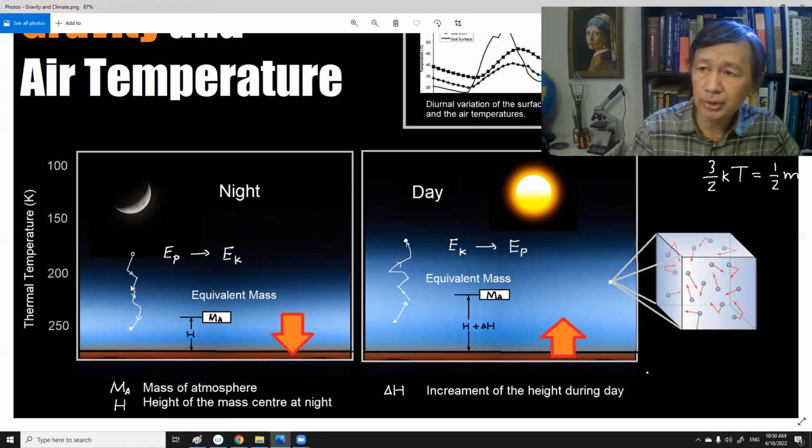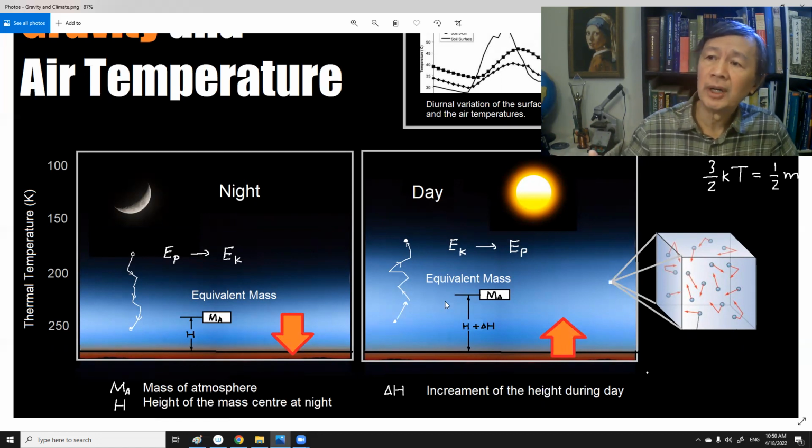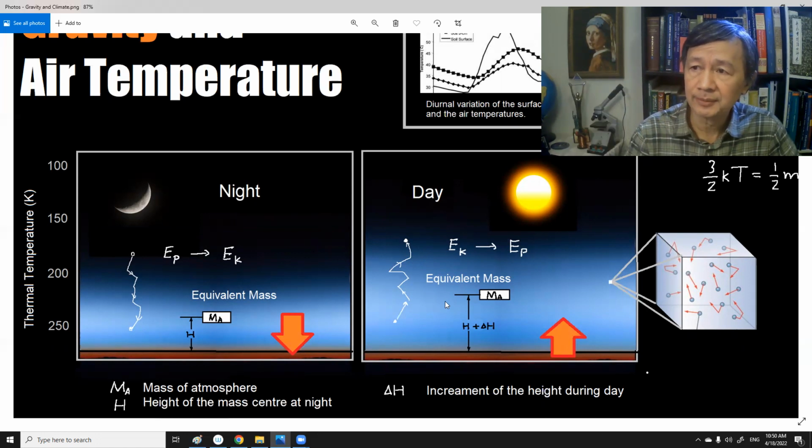So in these two diagrams, it is apparent that the vertical distributions of air are different. At night, most molecules will move closer to the surface, whereas during the day, the molecules will move away from the surface, go to higher altitude positions.